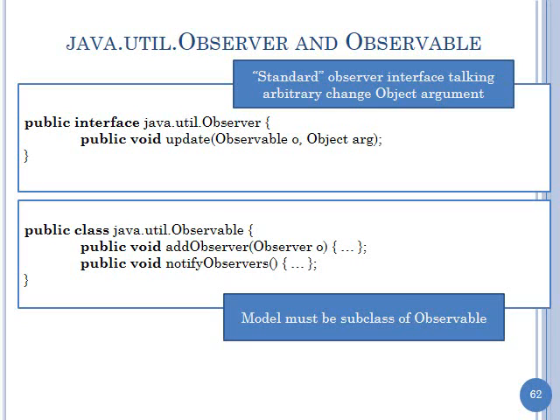They didn't. Okay, and that means that if you want to inherit from somebody else, then you can't become an observable. You have to inherit from observable, and it has many methods. I'm just showing you two of them right now, and those also I'm not showing you completely. It has an addObserver method that takes an observer as an argument. Observer is an interface that has an update method, and it takes observable as an argument and some argument that is of type object that describes the change.